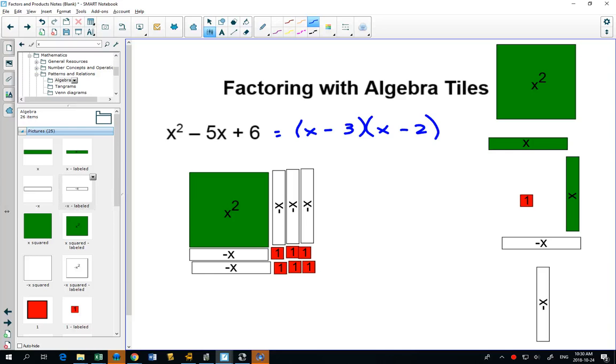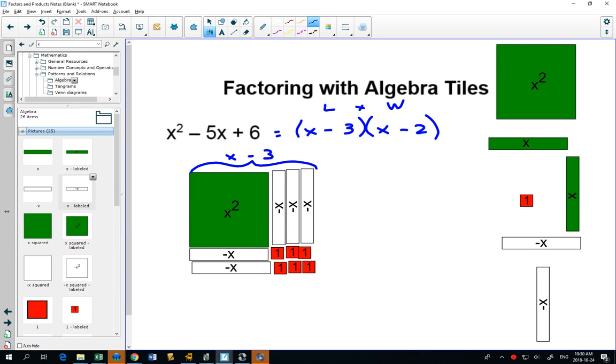Why is this the rectangle that goes with the algebra tiles? Because we think about algebra tiles as area, and we think about factoring as changing something into length times width. This length here is an x, and then minus 1, minus 1, minus 1, minus 3.